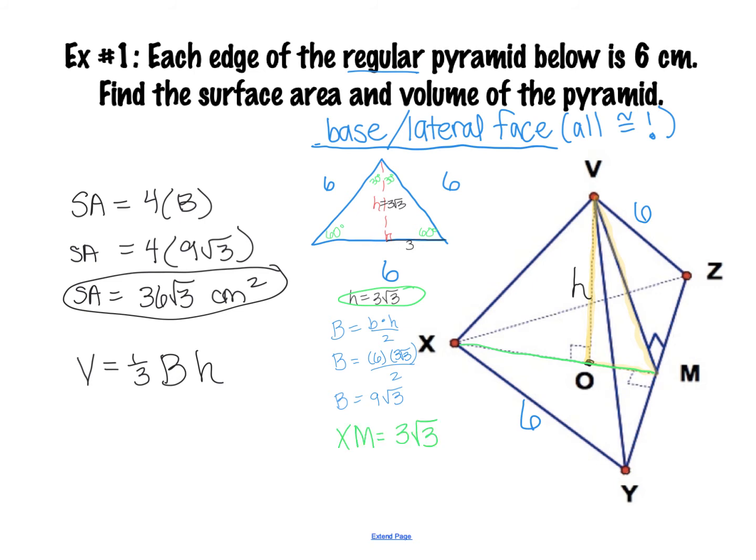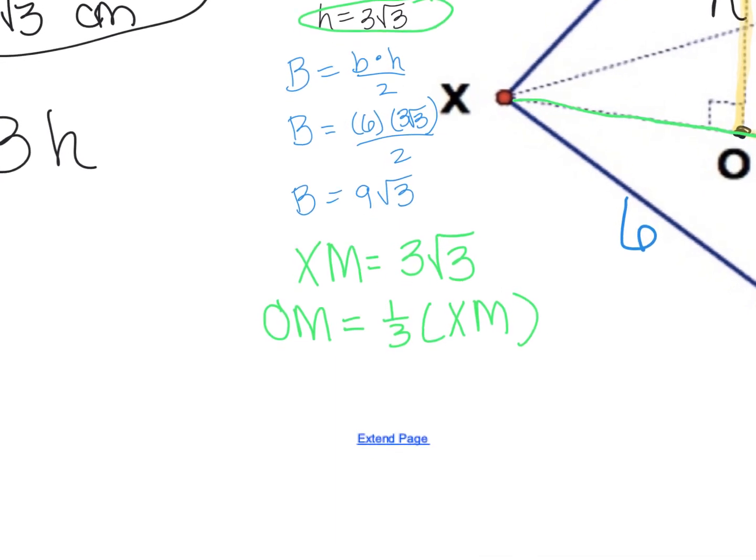Now, if point O is the centroid, then that means segment OM is 1/3 of segment XM. Or in other words, the length of OM would be 1/3 of 3 radical 3. And 1/3 of 3 is 1, so that means that OM is simply radical 3. Let's write that in the picture.